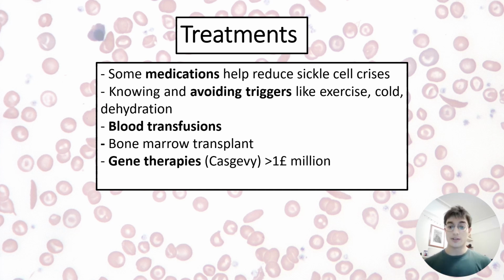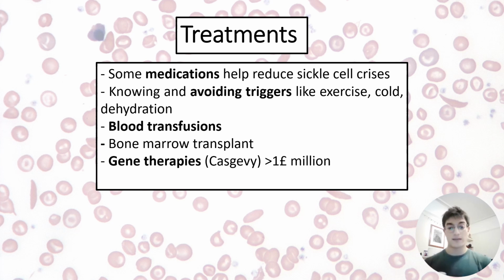Blood transfusions are sometimes used because if the hemoglobin is too low, there's a problem with transporting enough oxygen. So we give these patients sometimes more blood, more hemoglobin. Then in terms of permanent treatments, bone marrow transplant is a possibility. That involves removing all of someone's bone marrow, which is the inside of the bone, where red blood cells are produced.